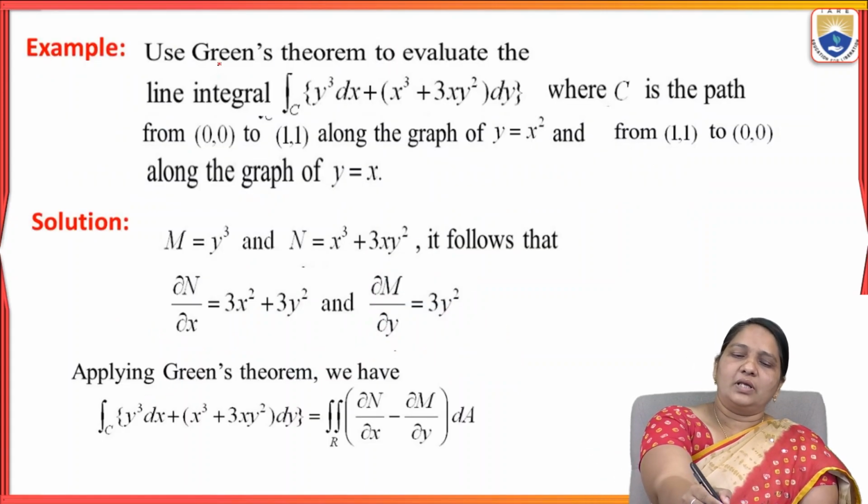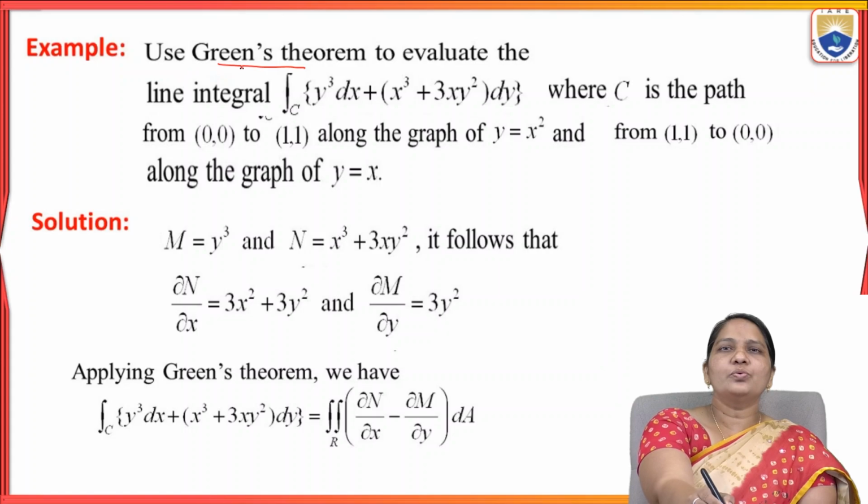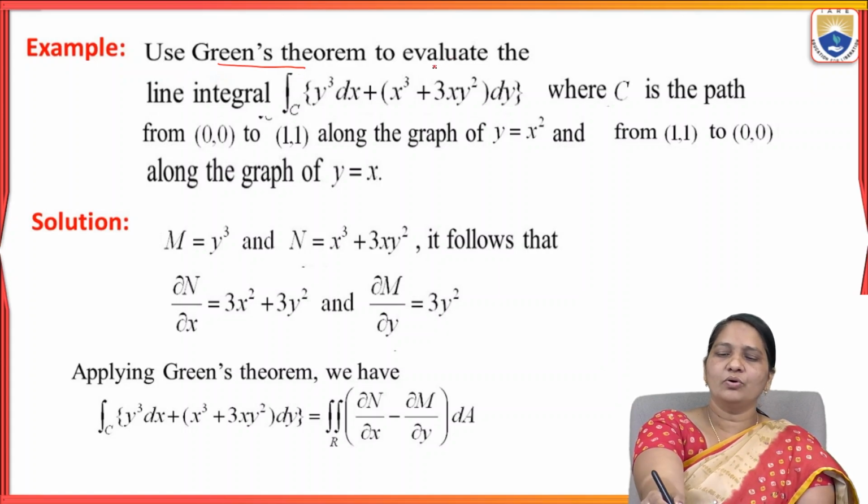Use Green's theorem. Here they are giving the particular words, use Green's theorem. If they didn't give the words use Green's theorem, we can calculate the given line integral according to the problem directly as well. But here they are asking to use Green's theorem, so we should use the Green's theorem statement to evaluate the line integral. What is the line integral they have given here?